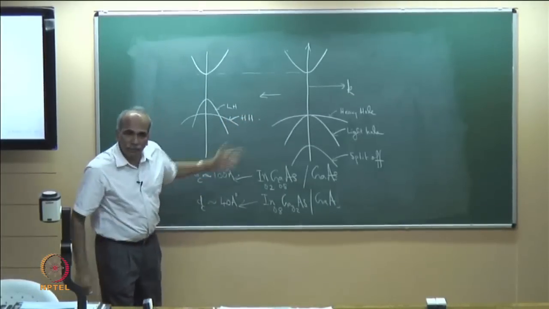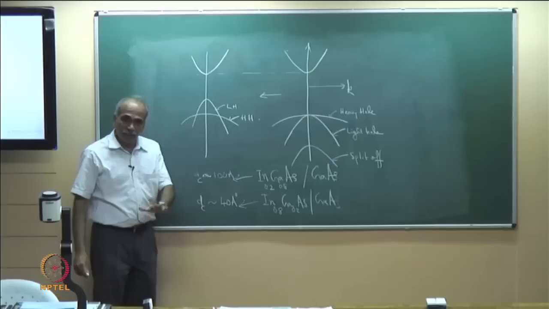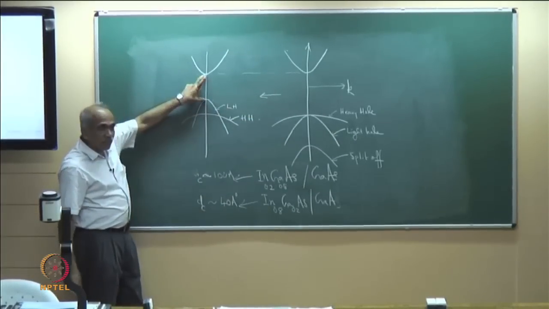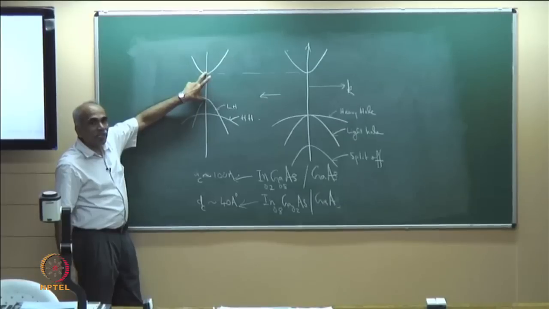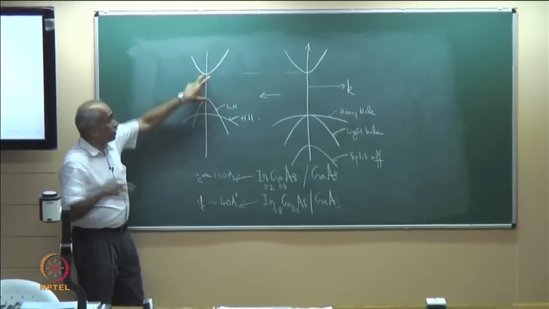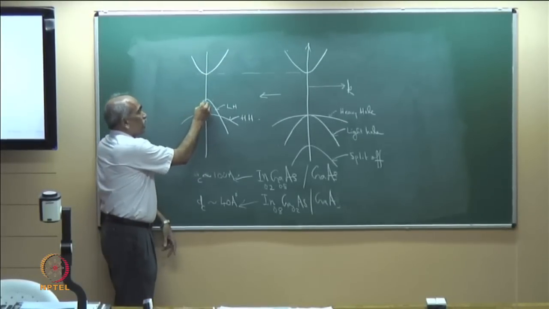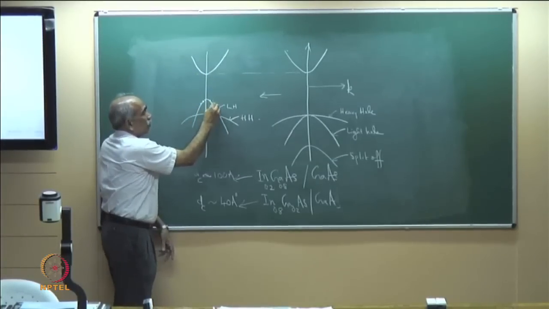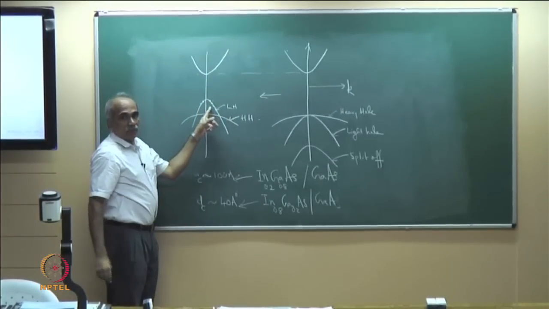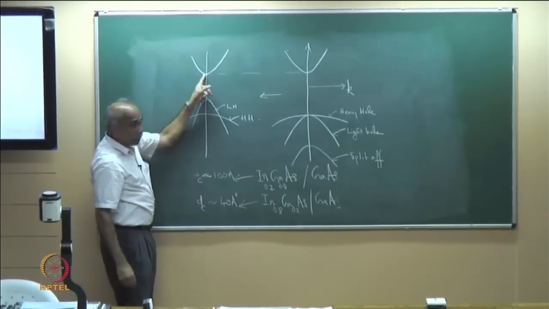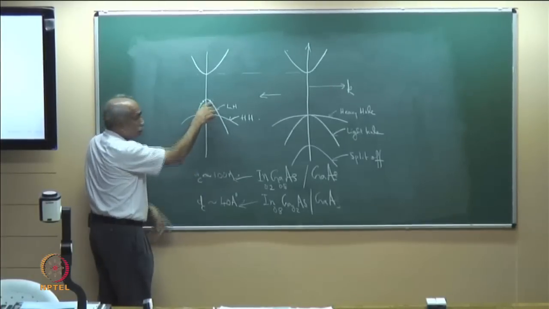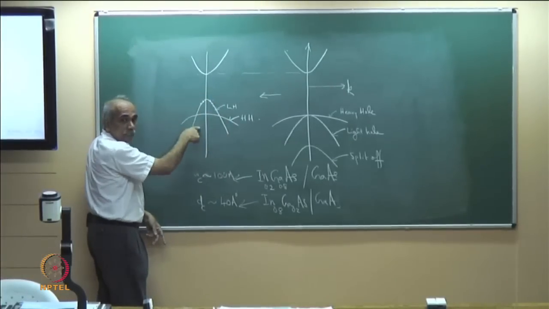I will tell you what is this heavy hole and light hole in a minute, but let me first talk about band gap tuning. You can see that the effective band gap has been tuned, and the holes which are now interacting with electrons are in the light hole band. The band gap has changed and the effective mass of holes MV has changed, because this band is varying rapidly.